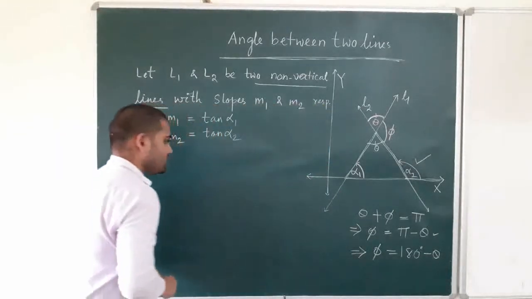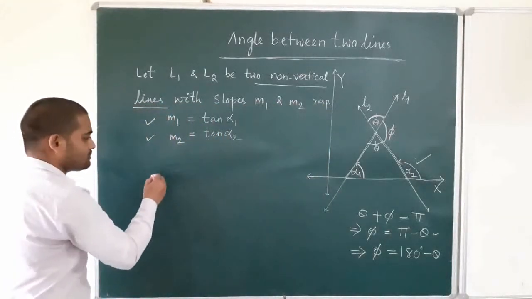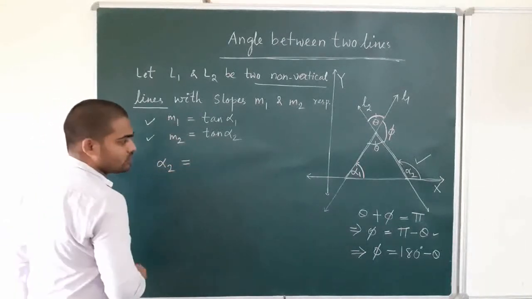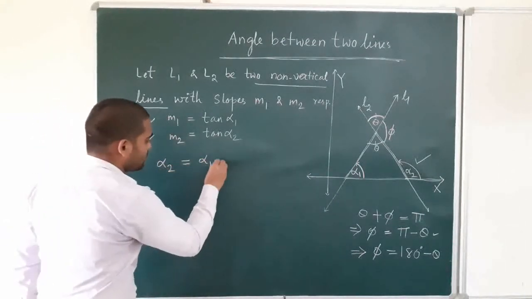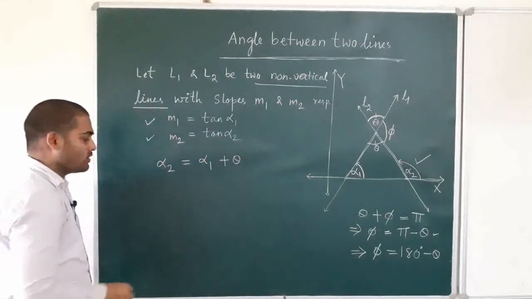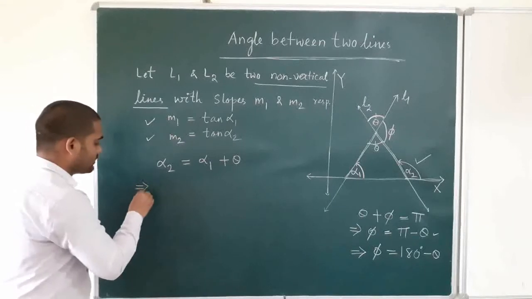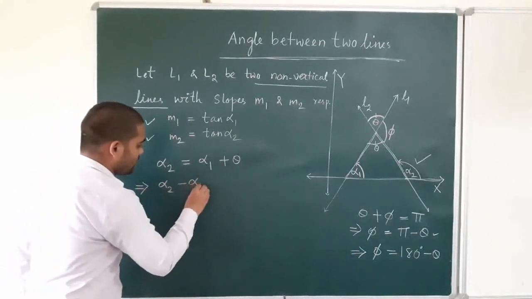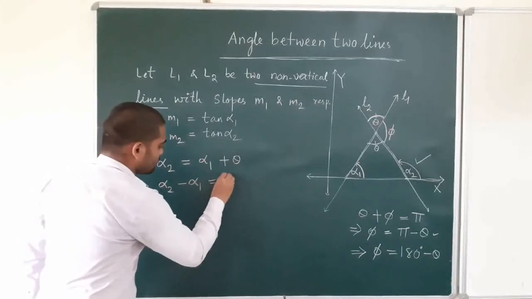We can write alpha 2 is equal to alpha 1 plus theta, or alpha 2 minus alpha 1 is equal to theta.